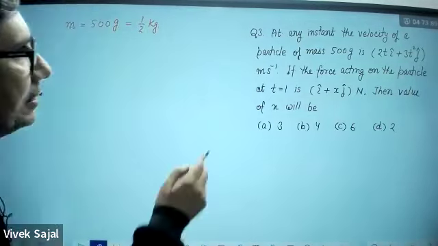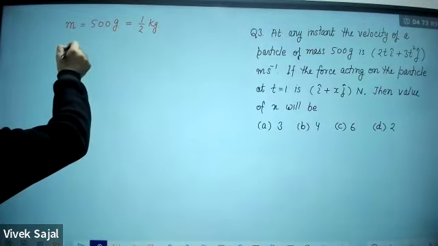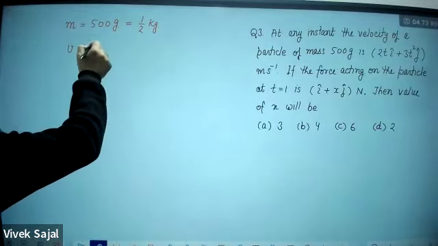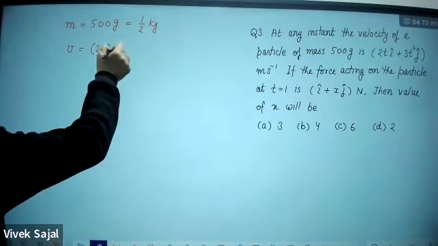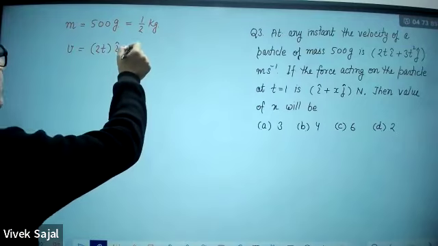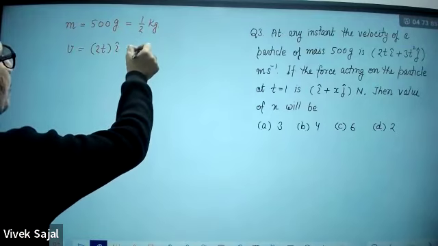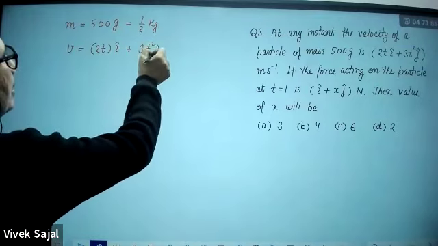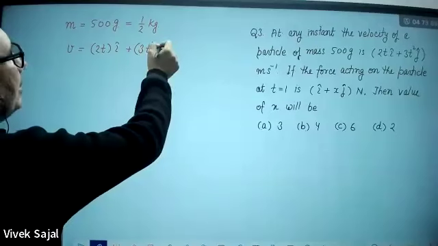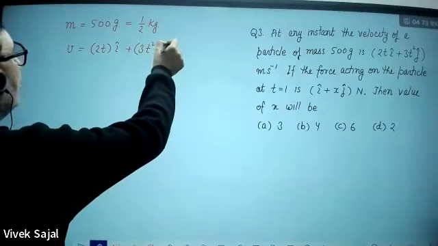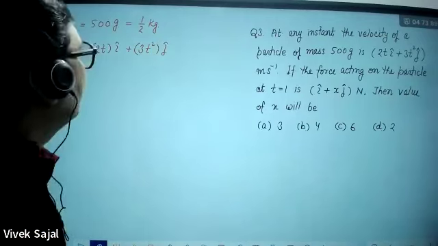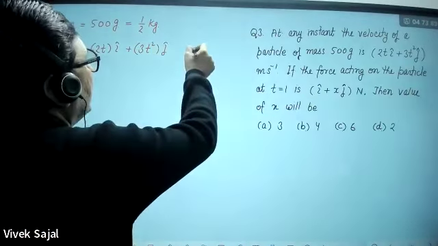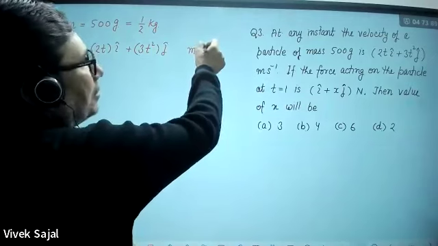And what is the velocity given? The velocity is 2t i cap plus 3t square j cap. This is velocity v. They have given the unit as meter per second.